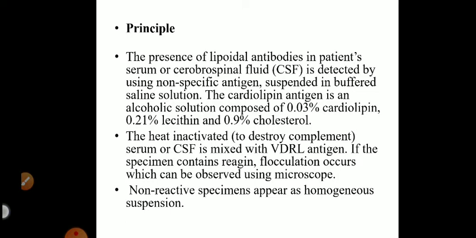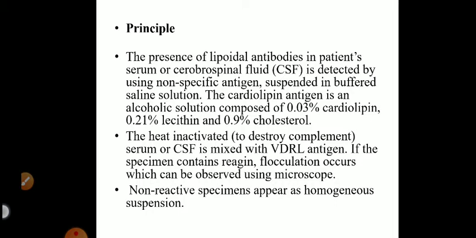If the patient's serum contains anti-lipoidal antibodies, it will react with the cardiolipin antigen, and the antigen-antibody reaction can be seen as floccules, that is a flocculation reaction. To make the reaction more visible to the naked eye, nowadays the cardiolipin antigen is coated with toluidine red dye or tagged with charcoal particles, right?